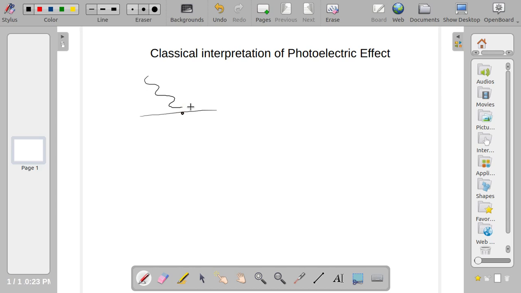The electron inside the metal starts vibrating with the electric field vector E of the incident light. With this electric field vector it starts oscillating, and it will take energy, and after some time it will take off from the metal.